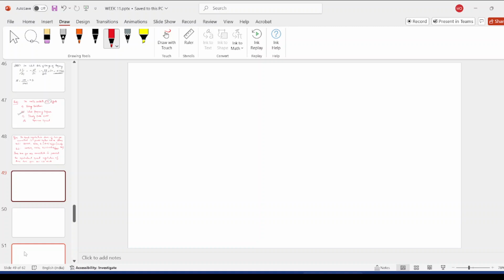So basically we have to use the per unit system based approach.